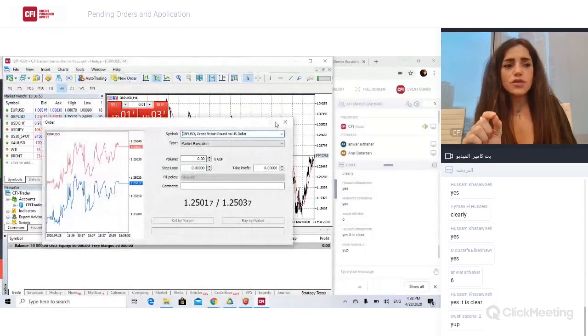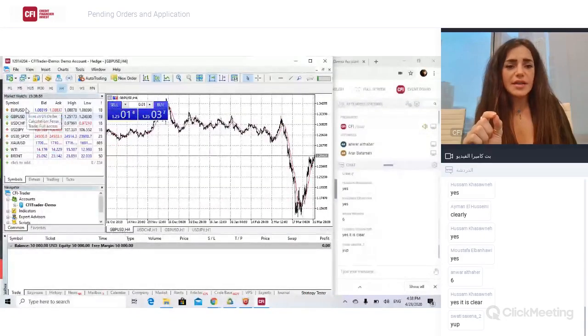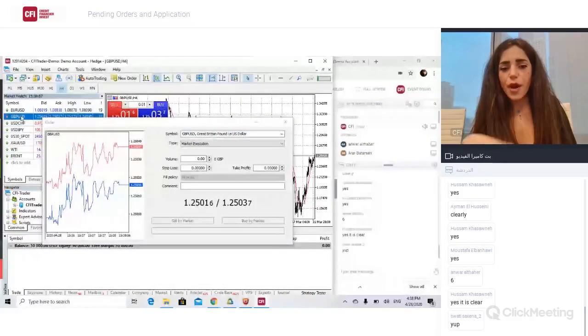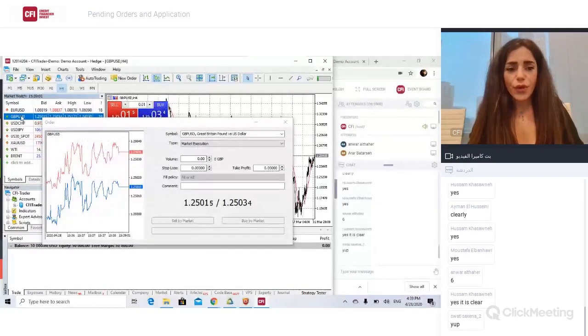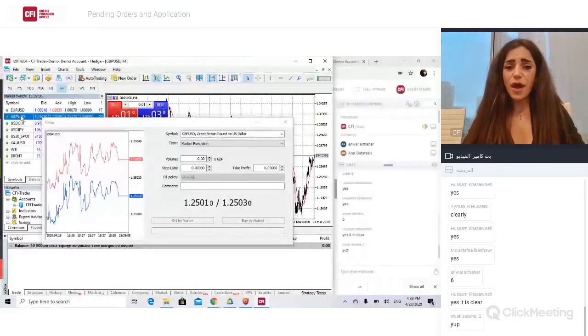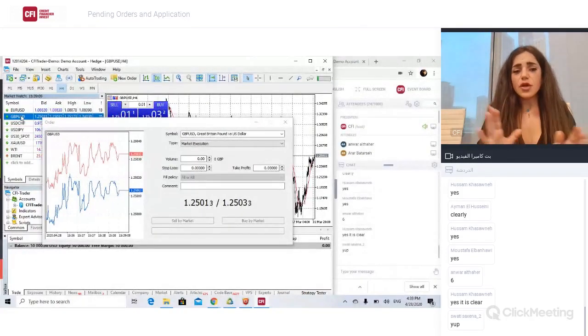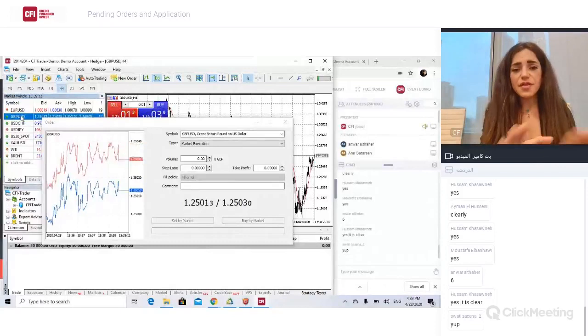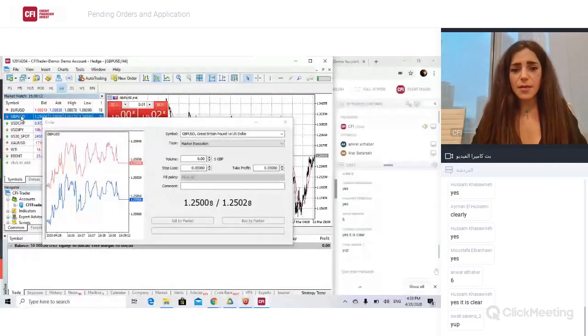Or you can also double click on the currency pair. You have the window open. So there are many ways to execute an order. Okay, now once this window pops up, team, this is exactly the same in the telephone. However, the only difference is on the telephone you might not see the graphs as clear, but this window here is exactly the same.